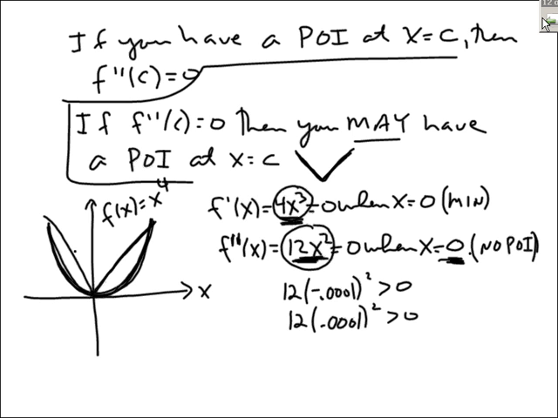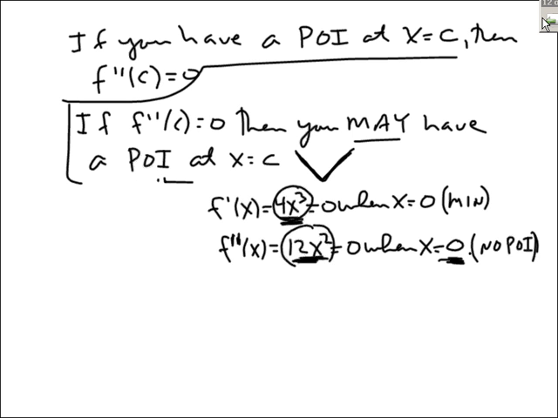Now I'll give you a function where it reverses, that is, it doesn't have a max or a min. It turns out that when x is 0, the first and second derivative will be 0, but it won't have a max or min. It will have a point of inflection.